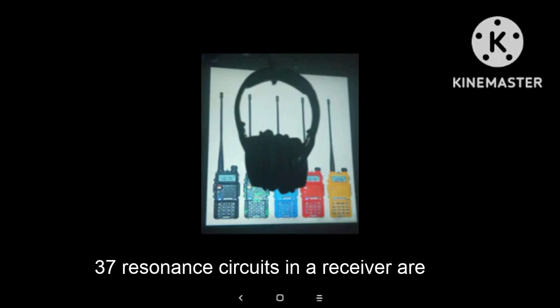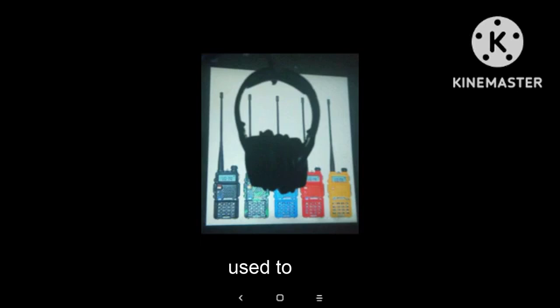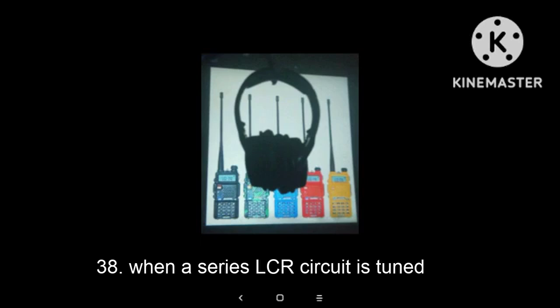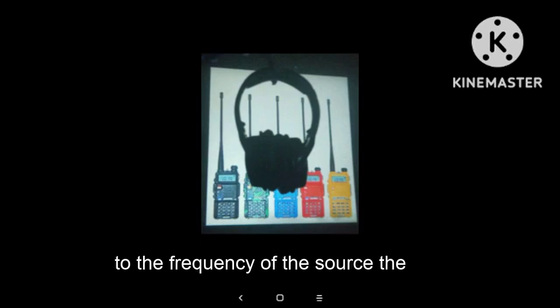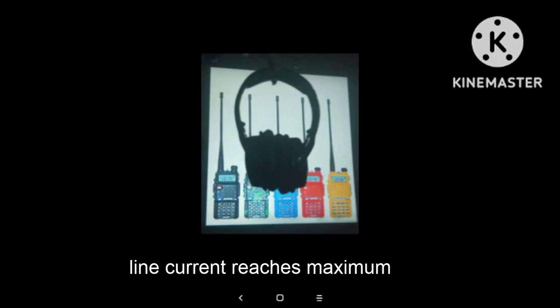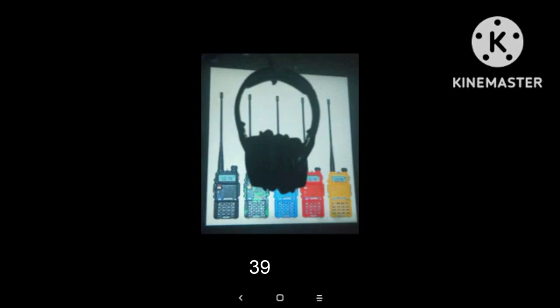37. Resonance circuits in a receiver are used to select signal frequencies. 38. When a series LCR circuit is tuned to the frequency of the source, the line current reaches maximum. 39.